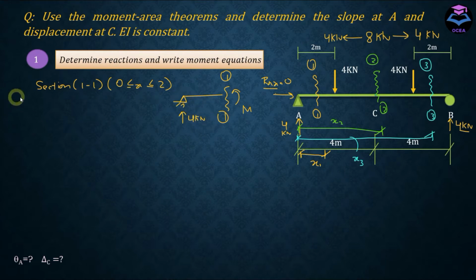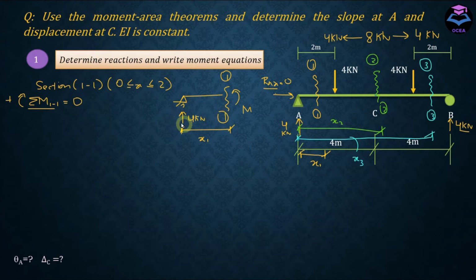In order to write the moment equation, sum the moments about section 1-1 and take clockwise moment as positive. We know that this coordinate we called x1.